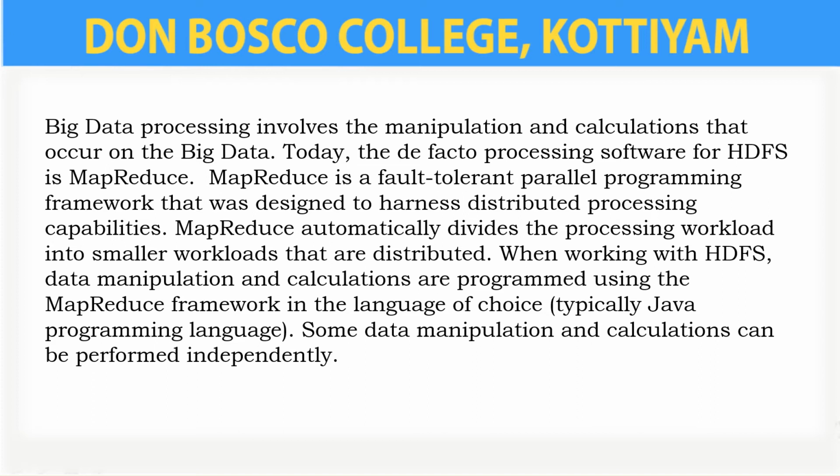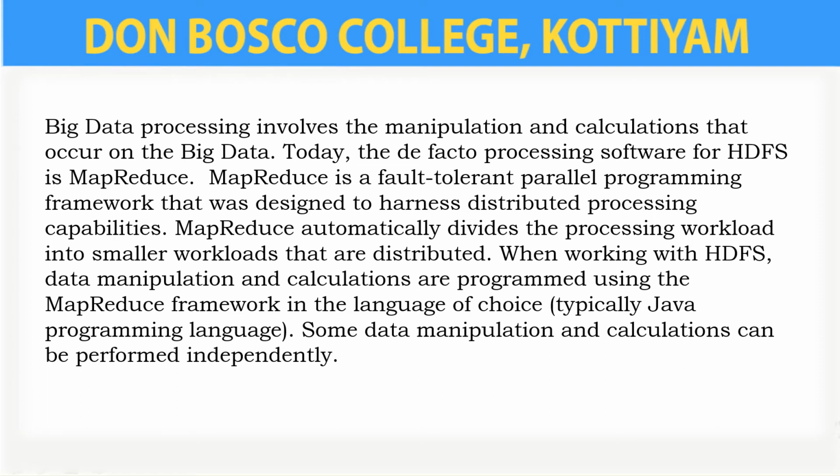So we have already said that the major components of big data are data storage and data processing. When talking about data storage, we talk about HDFS, and when talking about data processing, we talk more about MapReduce. MapReduce is a programming model or a pattern within the Hadoop framework, and it is used to access big data stored in the Hadoop file system.